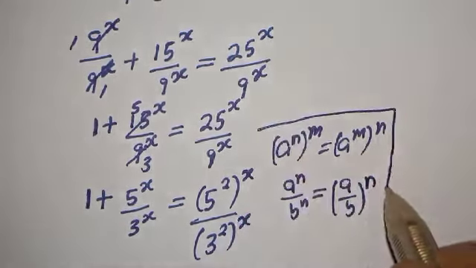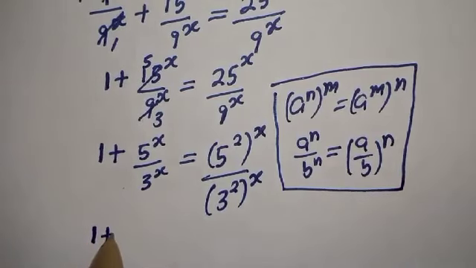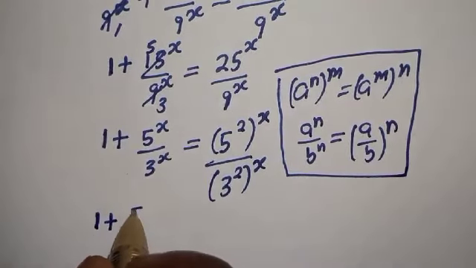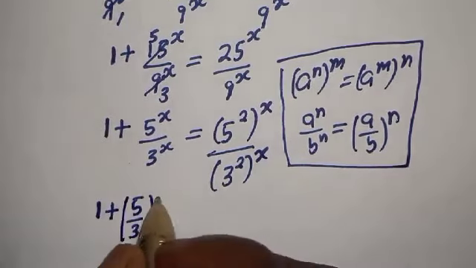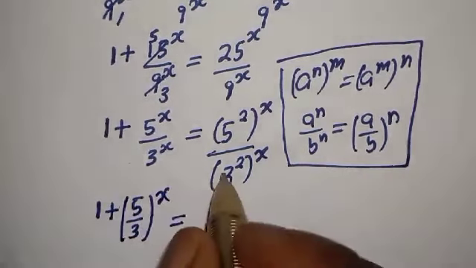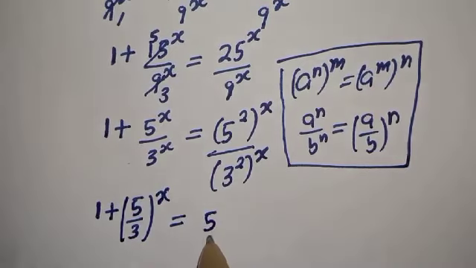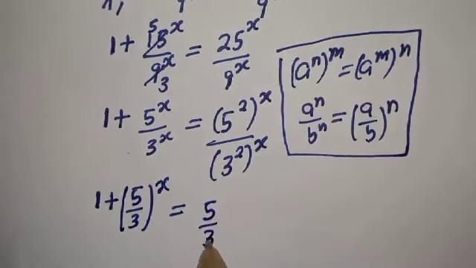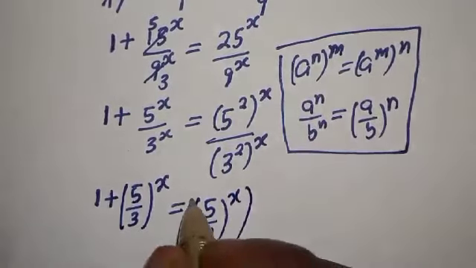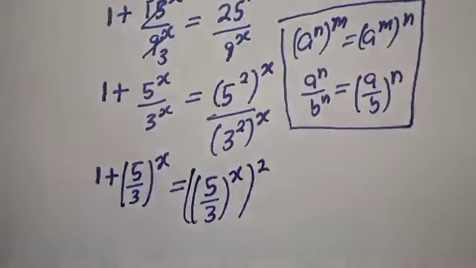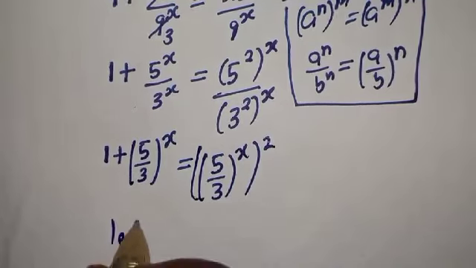Then this can be written as 1 plus 5 over 3 to the power of s is equal to 5 over 3 to the power of s all square.